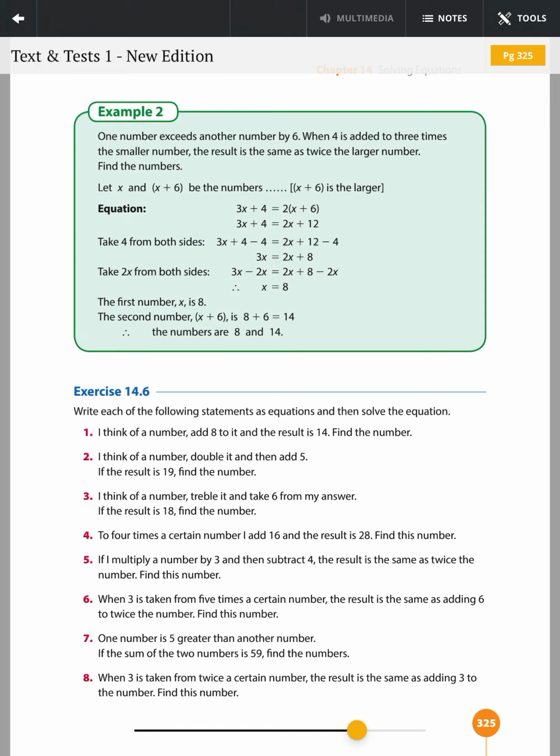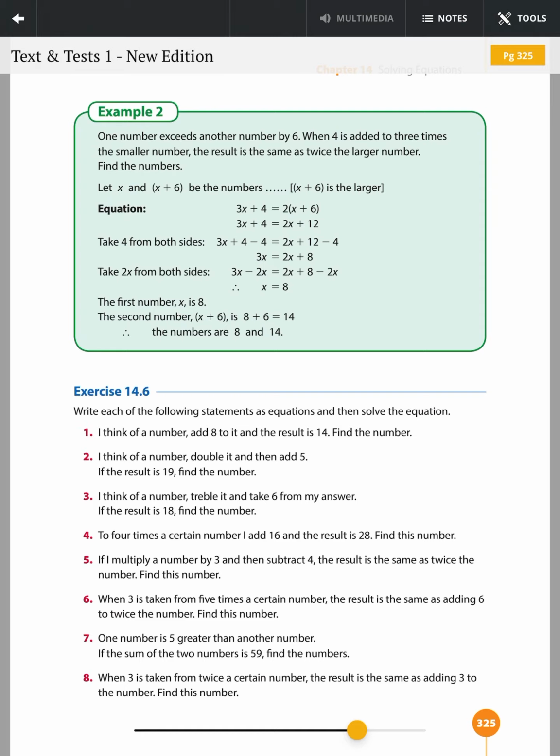So one number exceeds another number by 6. So one number, let's keep it as x, and then exceeds another number by 6, well, the other number will be x plus 6. When 4 is added to 3 times the smaller number, well, the smaller number has to be x, because x plus 6 is 6 bigger than x.